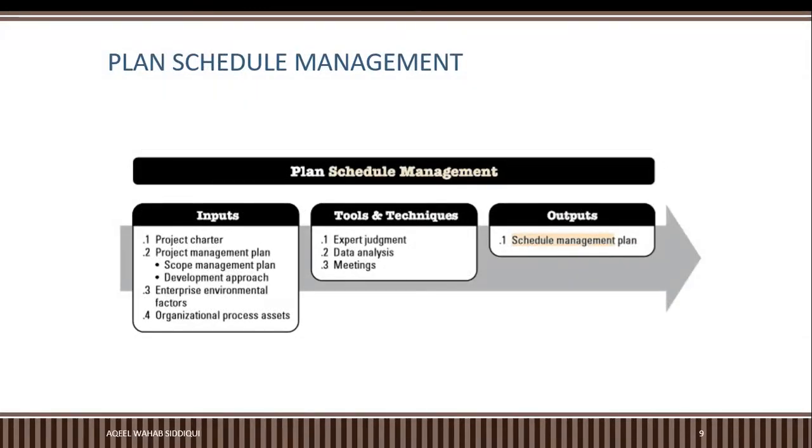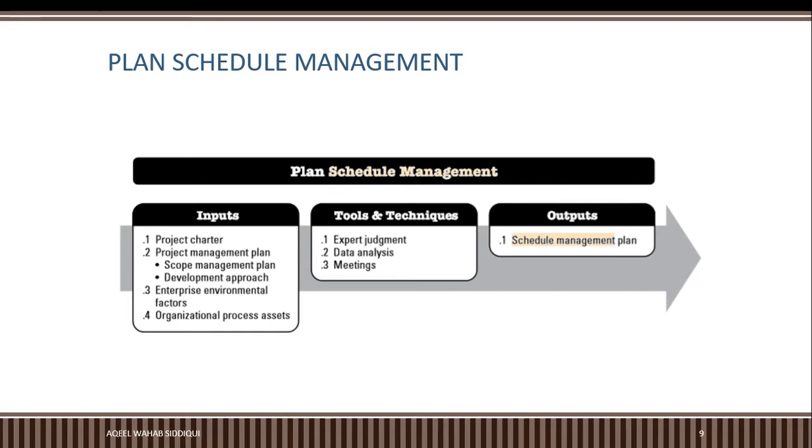So let's talk about plan schedule management, which is the first official process of project schedule management. Each and every process in project management, PMBOK, we have 49 processes, right? All processes are subdivided into three parts: inputs, tools and techniques, and outputs.